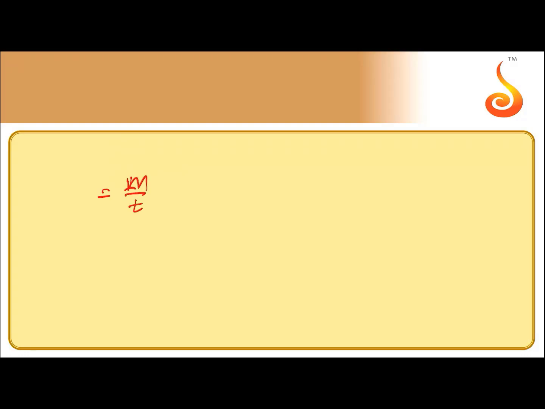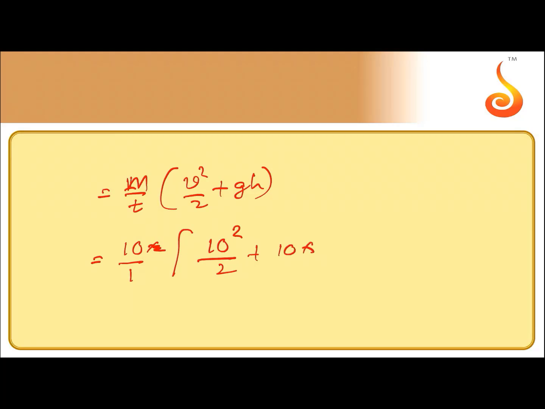I can take m by t outside, we are left with v square by 2 plus gh. Mass is known to us, 10 per second, of course, into v square divided by 2, 10 square divided by 2 plus 10 into h.